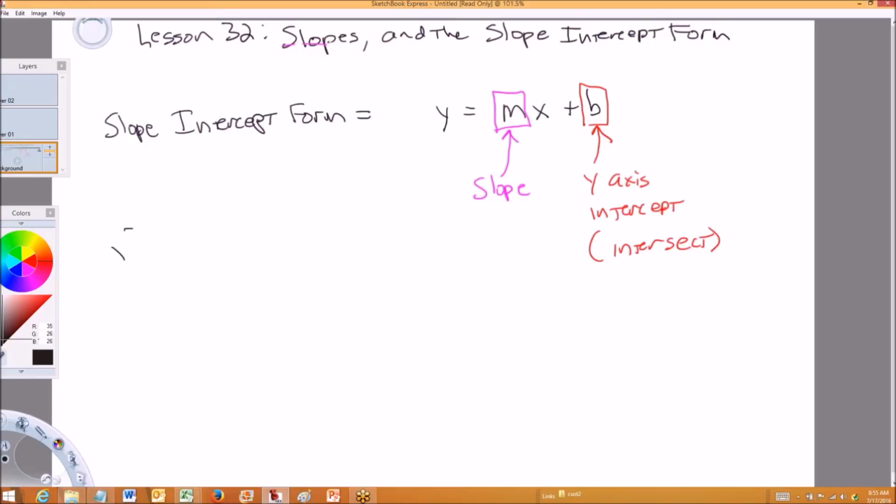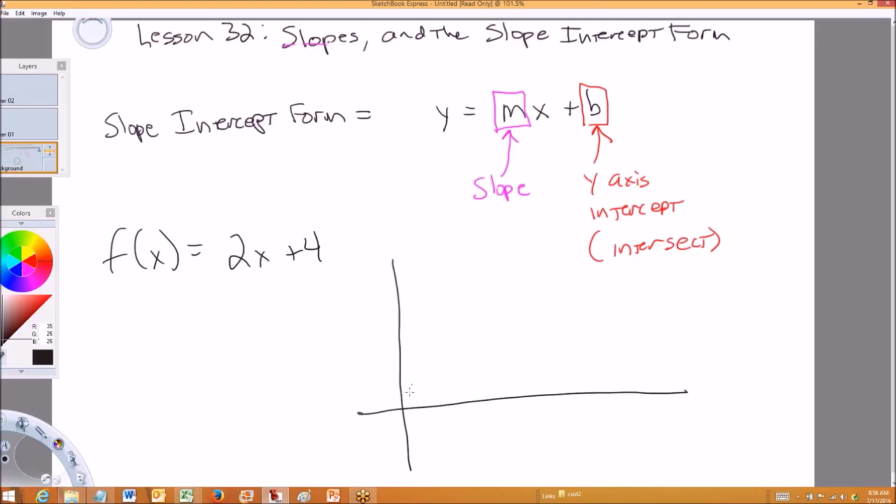Say we have a function of x. Without even doing a table of x and y values, I know that the line will intersect here, and I know that there's a rise over run of a 2-to-1 ratio. So for 4 rises, there's 2 horizontals, and we could draw it that way. You know it's a straight line because it's a linear equation. All you need to draw a straight line is 2 points.